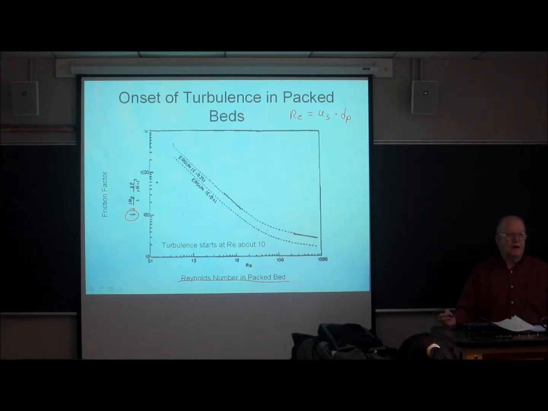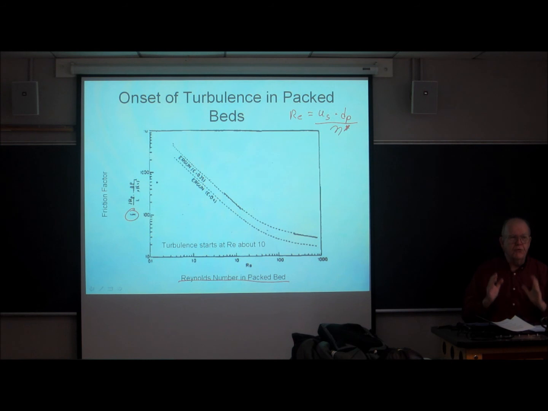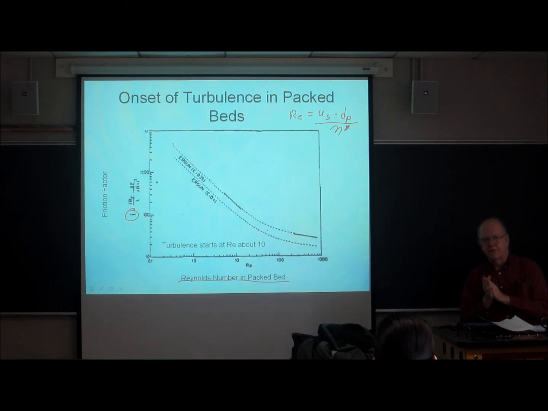In which case it becomes what's called the hydraulic diameter of the particle. And we're not going to go there because we're not going to use cylinders or anything but spheres, because spheres are the best things to use. And then it depends upon the kinematic viscosity. Now, in a completely unpacked tube with smooth walls, the transition from laminar flow to turbulent flow takes place at a Reynolds number of about 2,000.